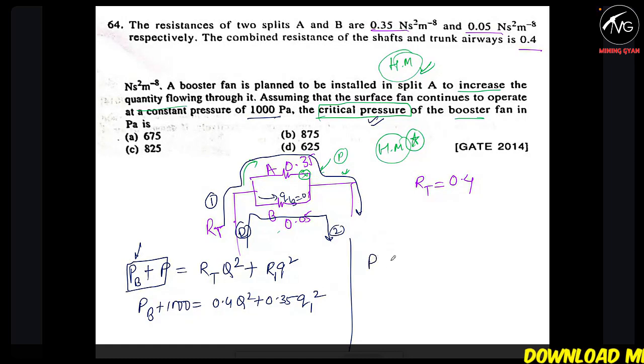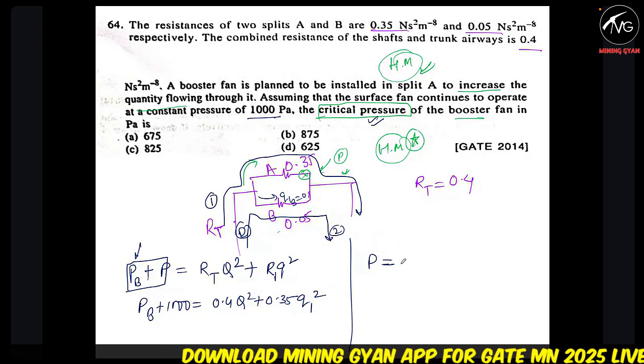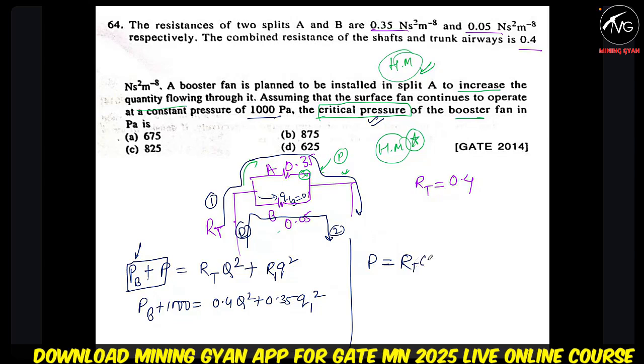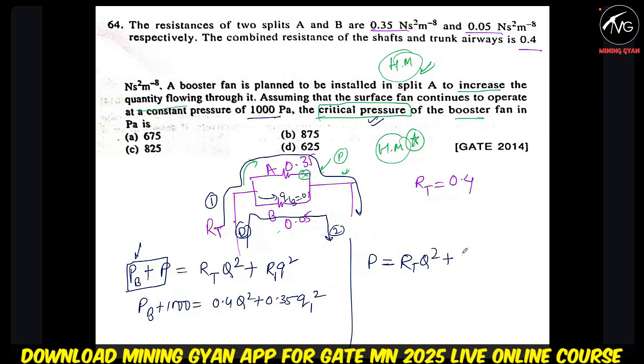And in the second case, this is the second path. For this you don't have any booster, so the pressure will be only a single pressure, and R trunk Q square plus R2 Q square. So if you write it, 0.4 Q square plus R2, given 0.05 Q square.